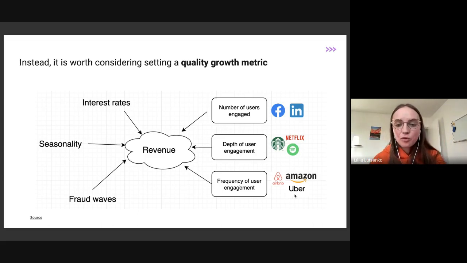For example, for Uber, it's number of rides per week. For Amazon, it's number of purchases per month. For Airbnb, it's number of nights booked, as I've already said. This can be a nice substitute for the boring revenue metric. It should be tied to the revenue metric, but it also demonstrates the customer value which the customer is getting from your product.